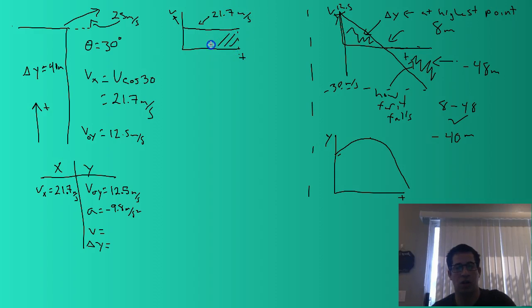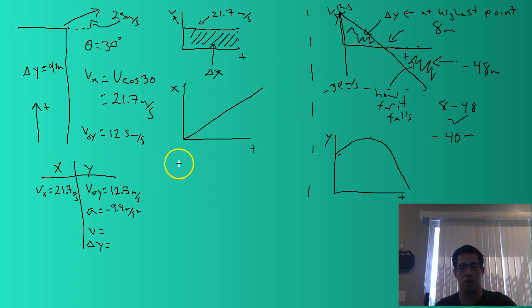Remember that the area here is that horizontal displacement. Okay, so we'll come back to that. And then if we want to graph the horizontal displacement or the horizontal position, it's just going to look like this, always moving forward at a constant speed.